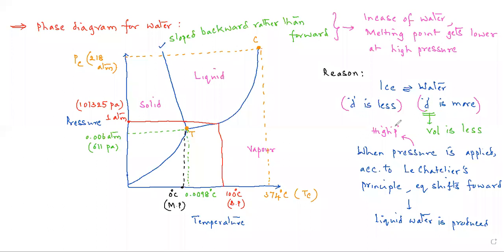Now let us take the same thing in backward direction. I mean, if suppose we want to make the liquid water freeze at this high temperature.